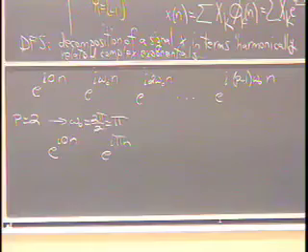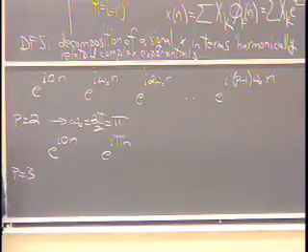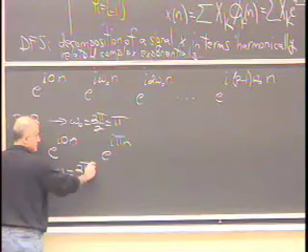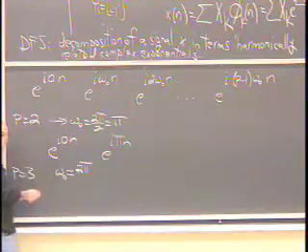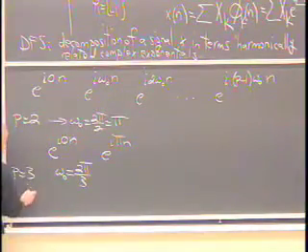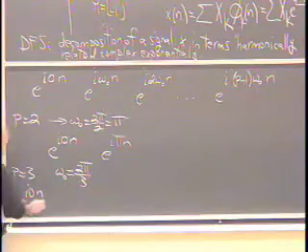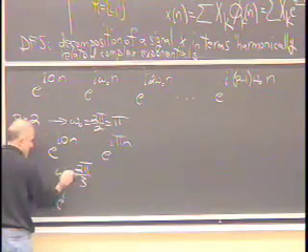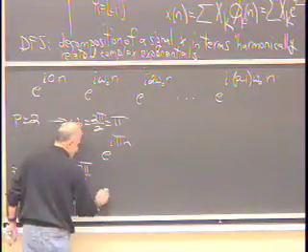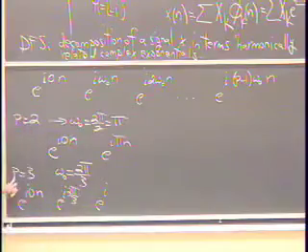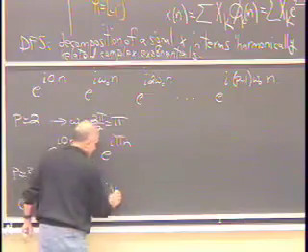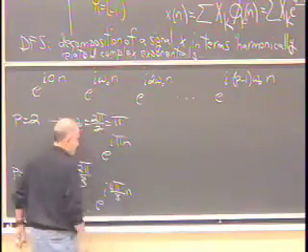But the moment you go into P equals 3 and above, you've got omega naught equals 2 pi over 3. So you've got e to the i 0 n, e to the i omega naught n, so it's 2 pi over 3, and e to the i (P minus 1), which is 2, twice that frequency, which is 4 pi over 3 n.